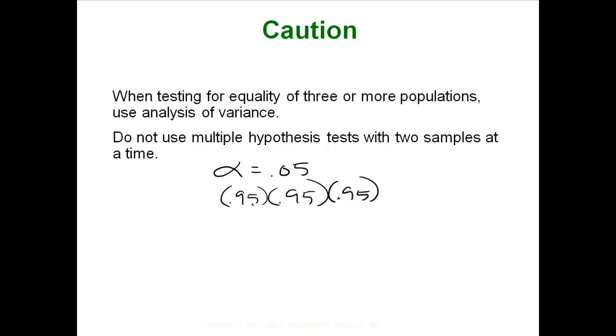So you're only 95% confident for each of those 3 tests, which means combined you're only 0.95 cubed, or 0.8574, so a little less than 86% confident. Now your alpha level just shot up from 5% to 14% because you did 3 t-tests instead of 1 ANOVA. So what an ANOVA does is it allows us to test all those things all at once, and we can therefore maintain our alpha level.